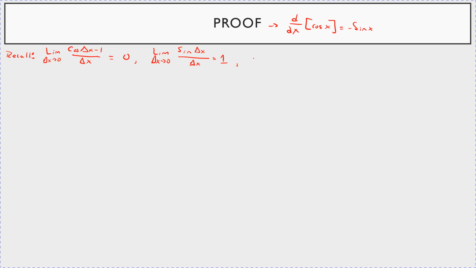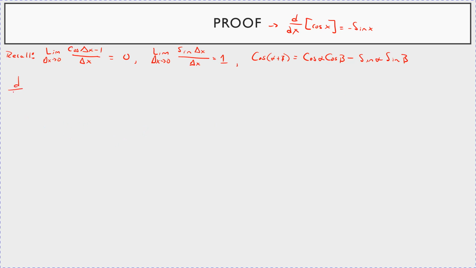And then we're going to need a trig identity here. Cosine of alpha plus beta is cosine of alpha times cosine of beta minus sine of alpha sine of beta. So what we're going to do is we're actually going to use the limit definition.